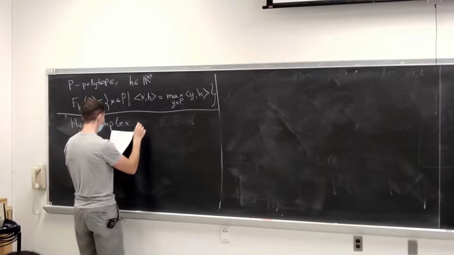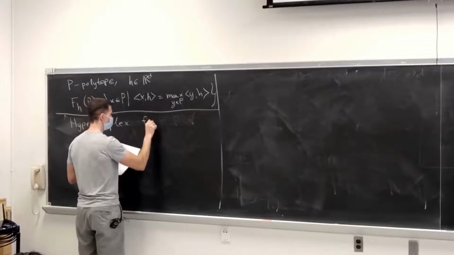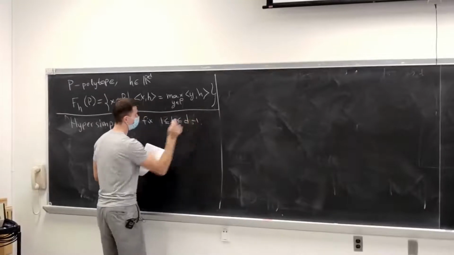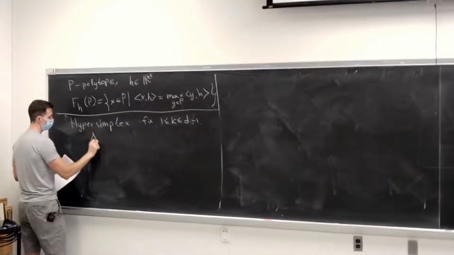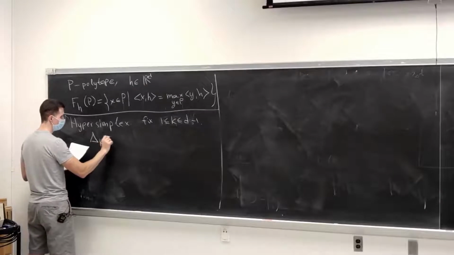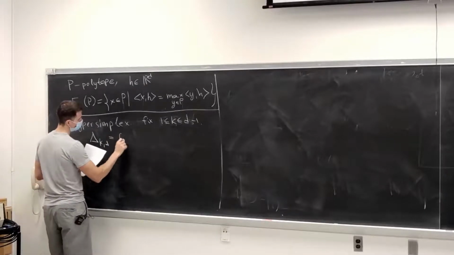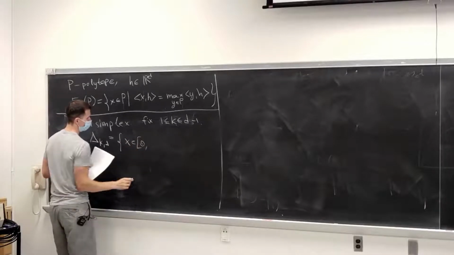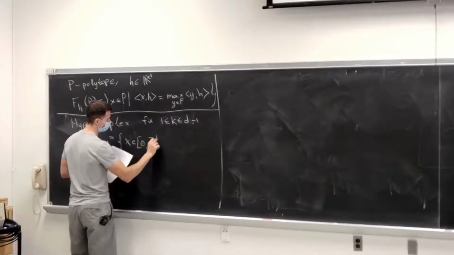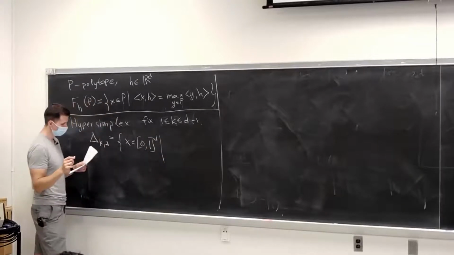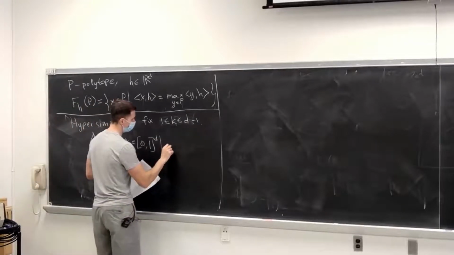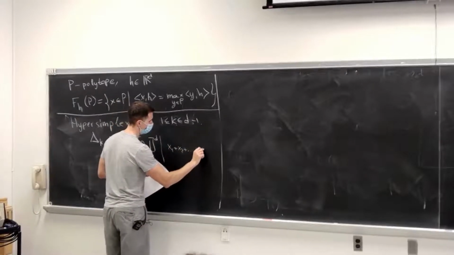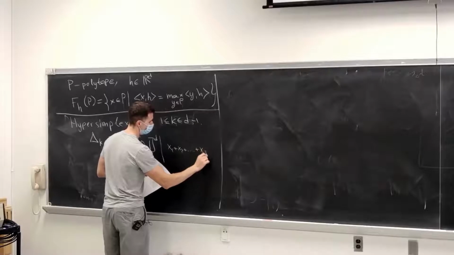So you fix two integers, 1 less than or equal to k less than or equal to d minus 1. And then you define the hypersimplex Delta_{k,d} by definition to be a slice of the hypercube [0, 1]^d, where I ask that the sum of all coordinates x_1 through x_d is equal to k.